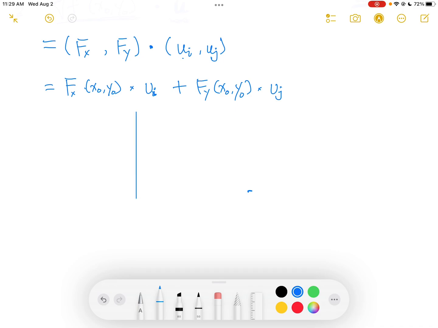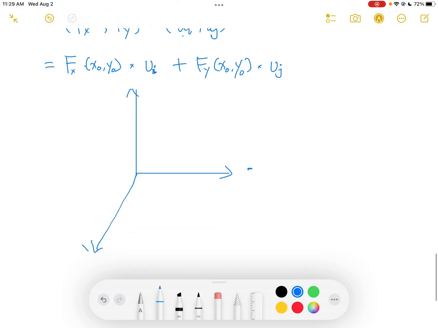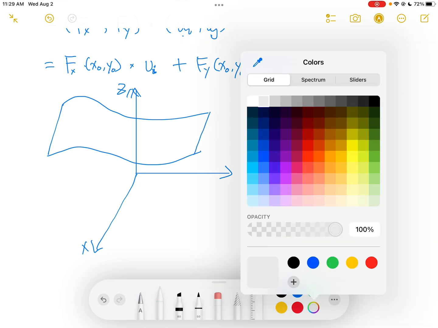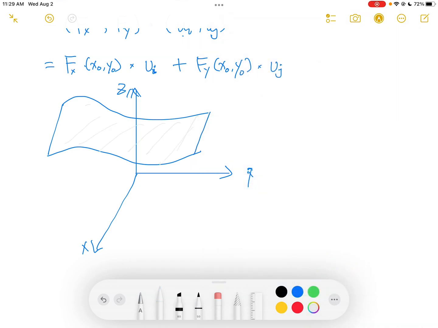So if I were to draw out x, y, and z coordinates here, and let's just keep using our wavy surface example. So this is our plane, this is our x0, y0.